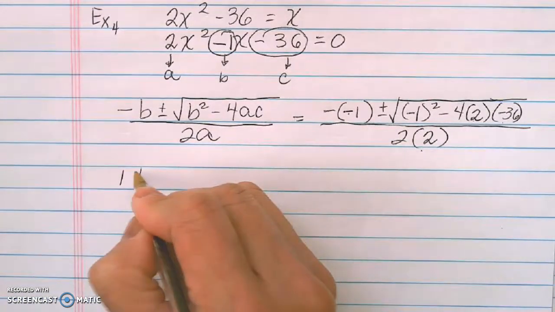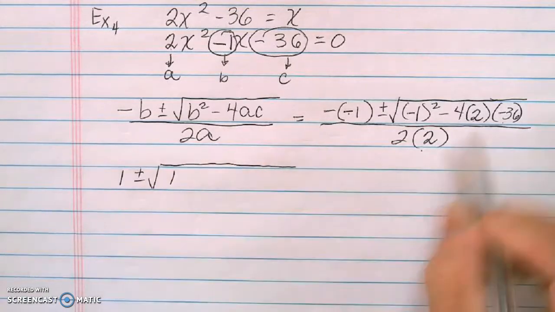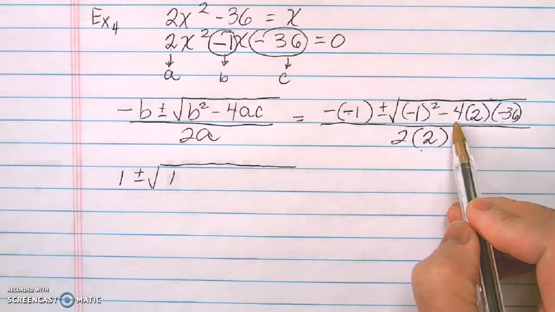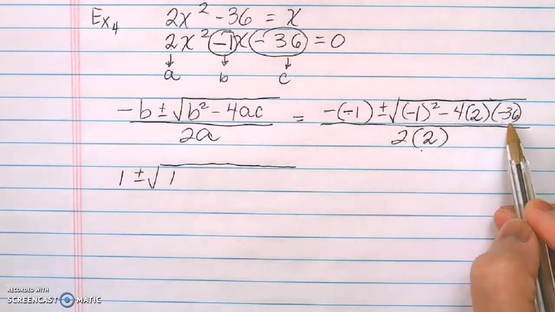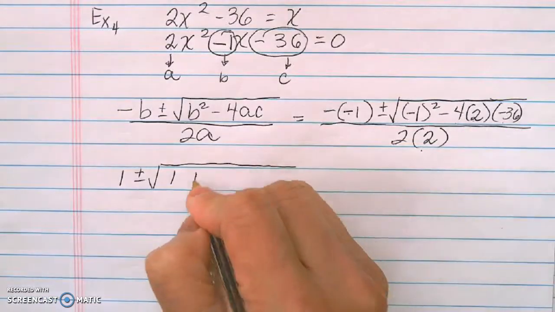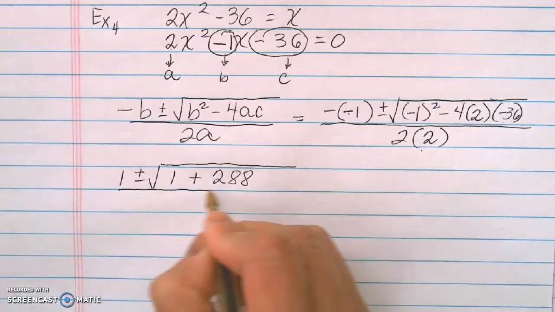So plus or minus square root of 1. Negative 4 times positive 2 is negative 8 times negative 36, I believe, is a positive 288, all over 4.